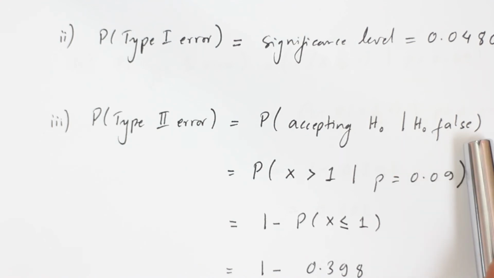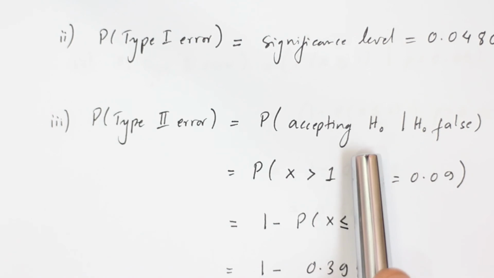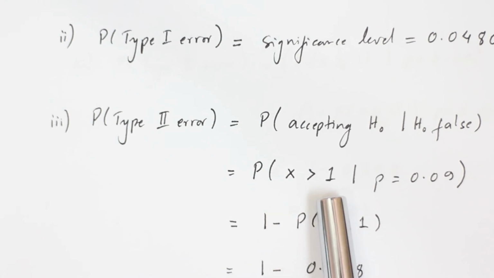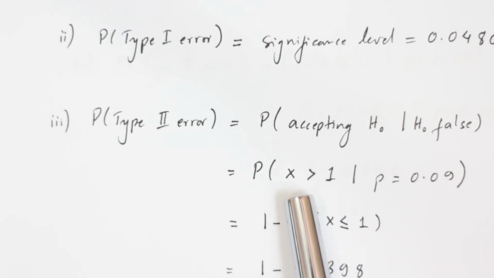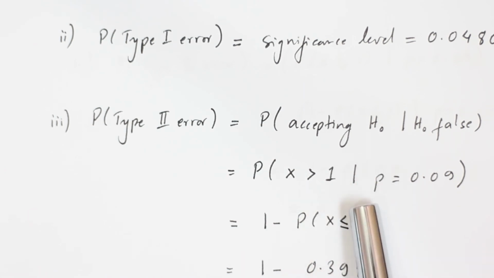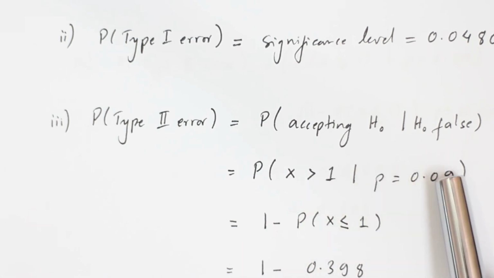So if the probability has changed, what's the probability that we are accepting the null hypothesis? The rejection region was X less than or equal to 1, so the probability of acceptance is P(X > 1), given the probability is 0.09.